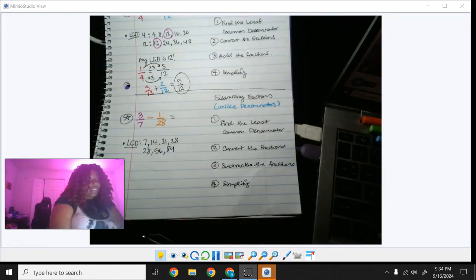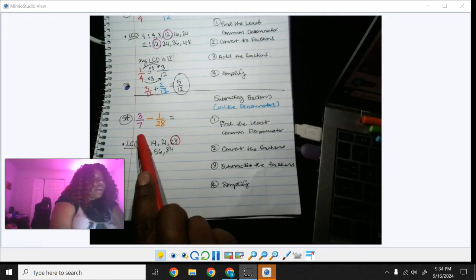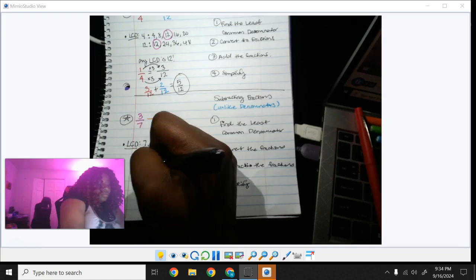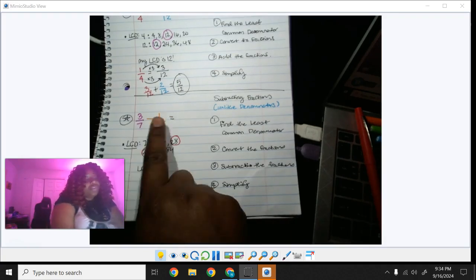So if we look at these numbers, I have 28 and 28 here. So I'm going to go with my least common denominator is 28. So that is going to be my new denominator for both numbers.